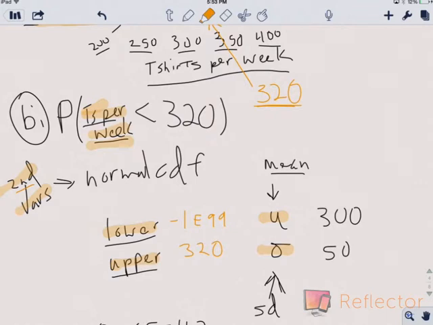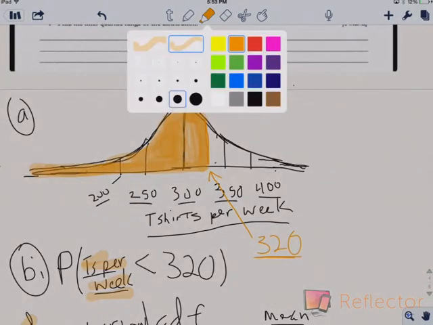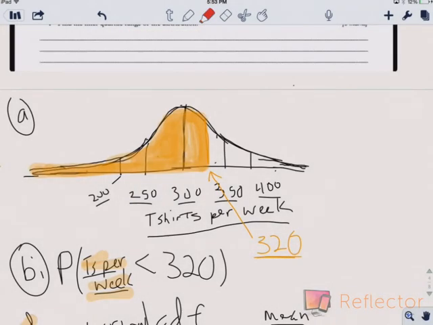Now, this lower boundary, it's important to understand what's going on here. Essentially, we're taking this area from the 320 all the way down here. This goes on infinitely, and the bell curve never actually touches the horizontal axis, so there's always some area underneath this. So for the lower boundary, we want a very small number, because it goes on that way forever.